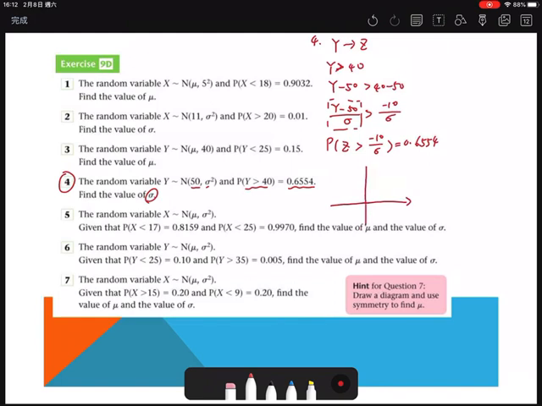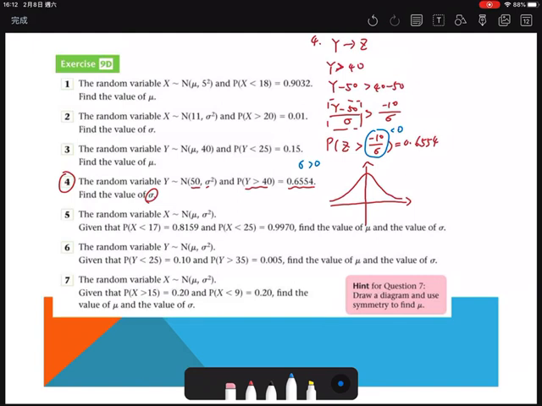After that, we can draw a figure. As we know, sigma is a positive value, so negative 10 over sigma is smaller than 0, negative. Sigma is always greater than 0, being a standard deviation.